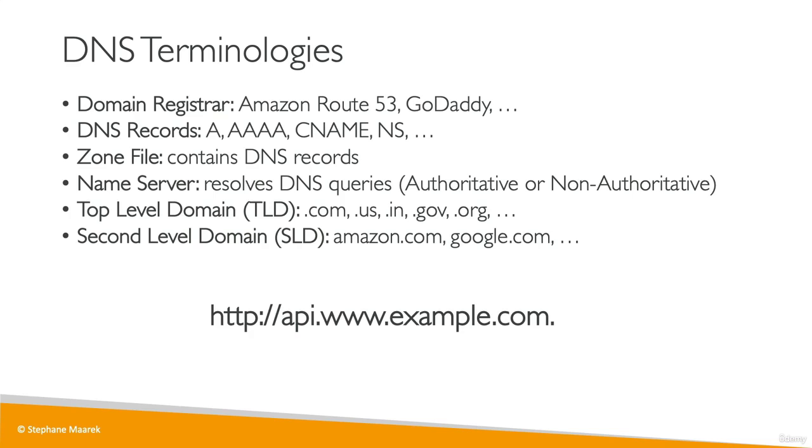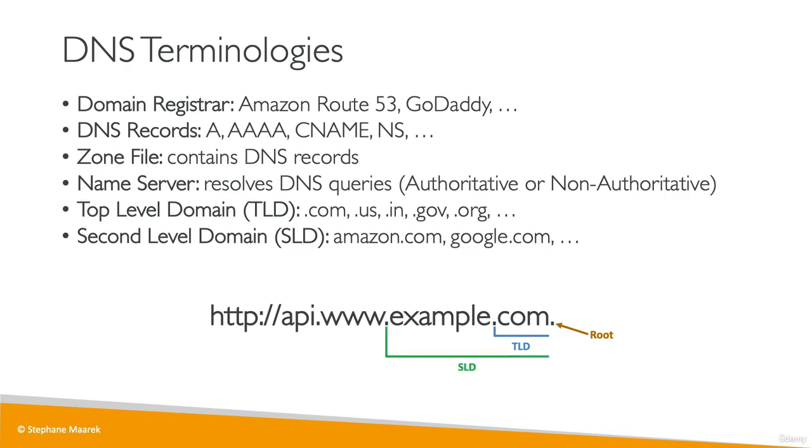And so if we take a look, for example, at this FQDN, so fully qualified domain name, we have http://api.www.example.com. Okay, so the last dot at the end is called the root, and it's the root of all the domain names. Then the .com, so .com is your TLD, so that's your top level domain.